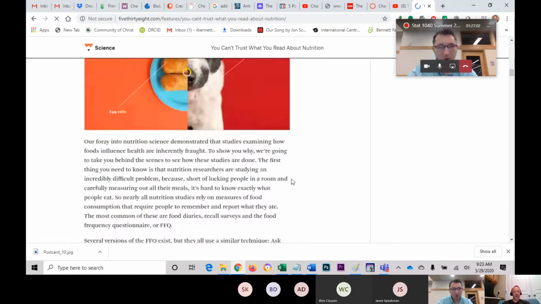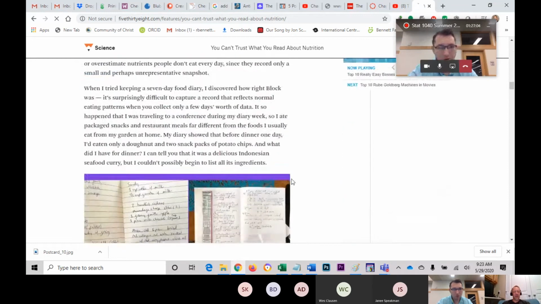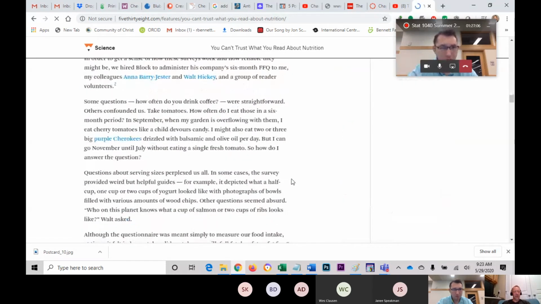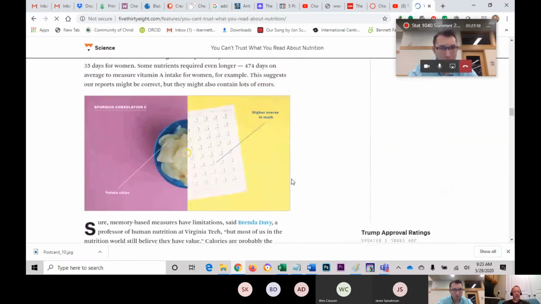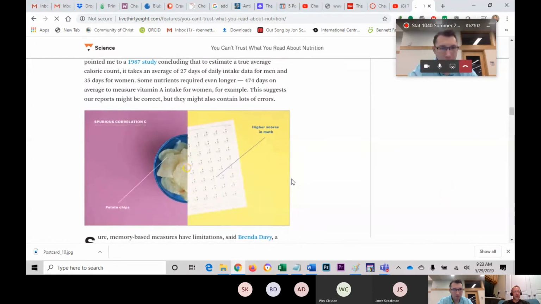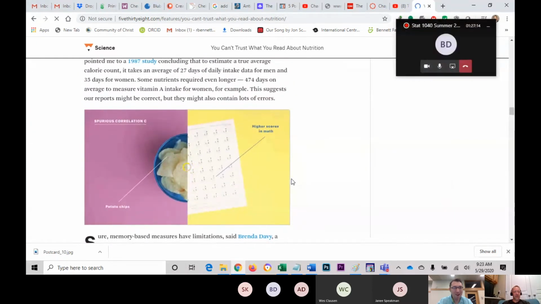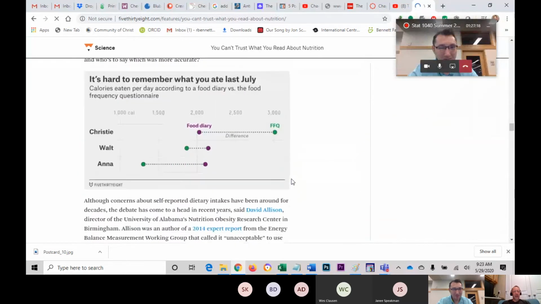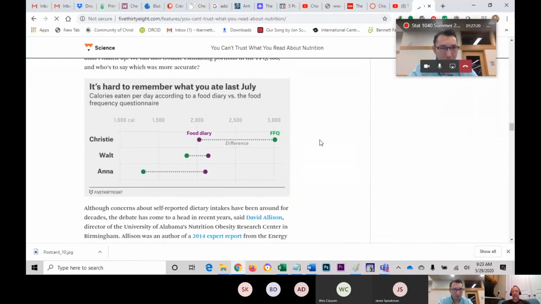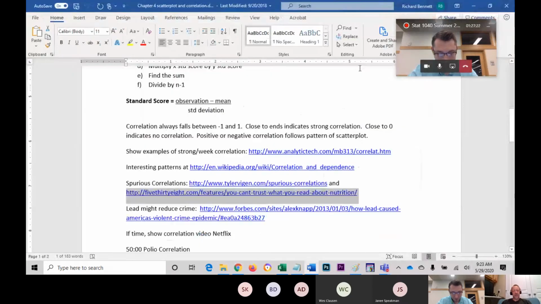But it also talks about spurious correlations. This one doesn't have any great graphs, but anyway, that can be kind of an interesting thing there.